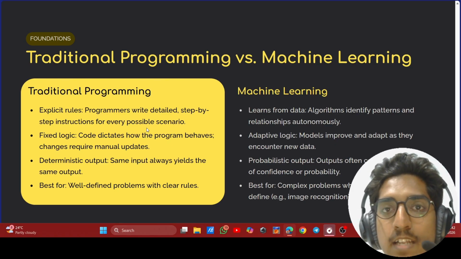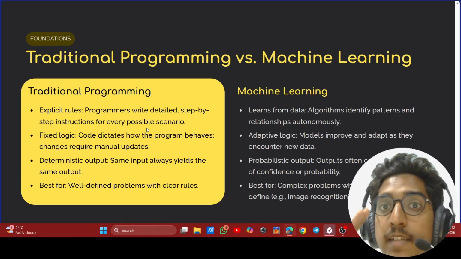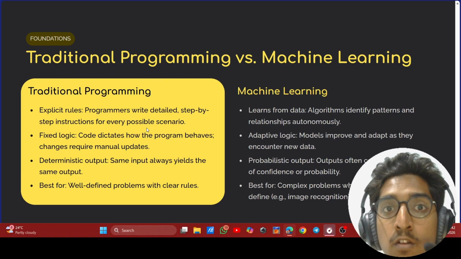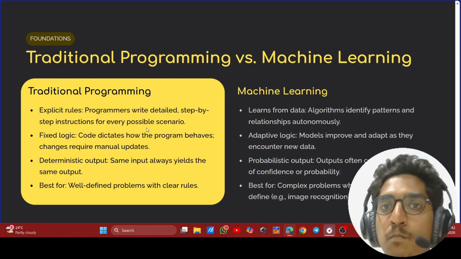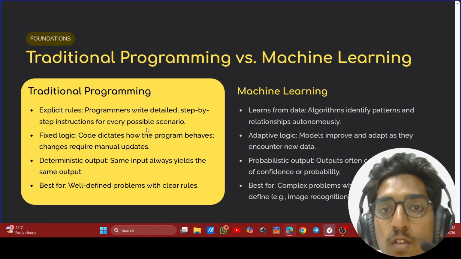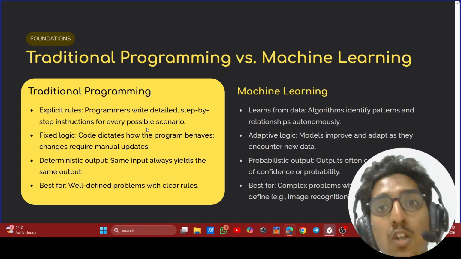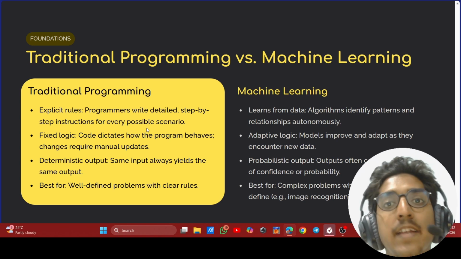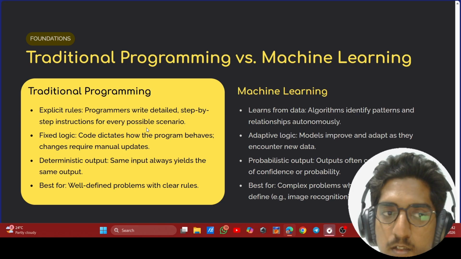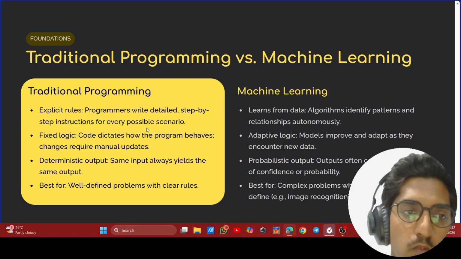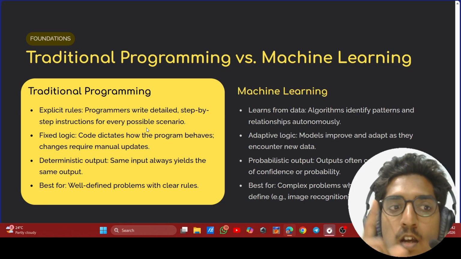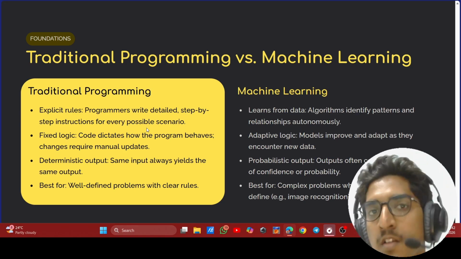There is no need of manual intervention. The important point is, there is no need of manual intervention in machine learning, because the machine learning algorithm identifies automatically the patterns in the data and gives the results. So this is the first difference between traditional programming and machine learning.